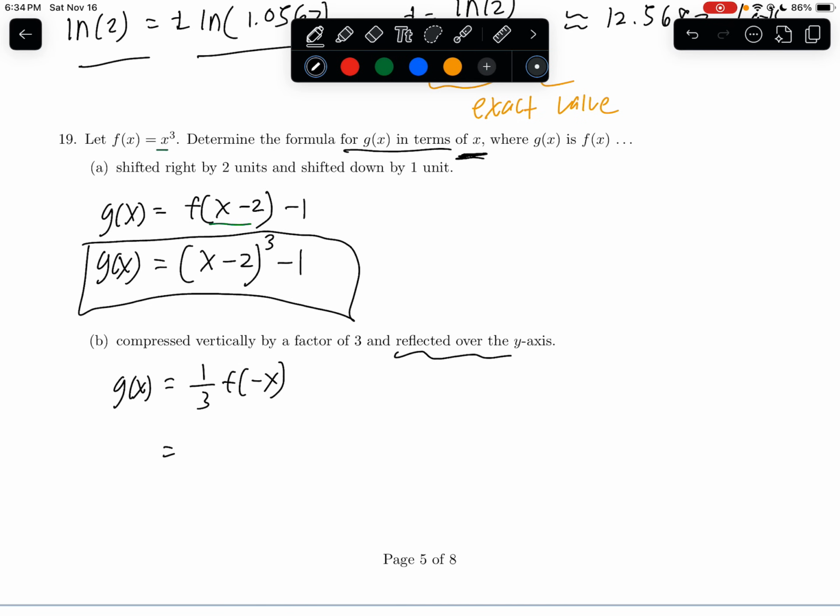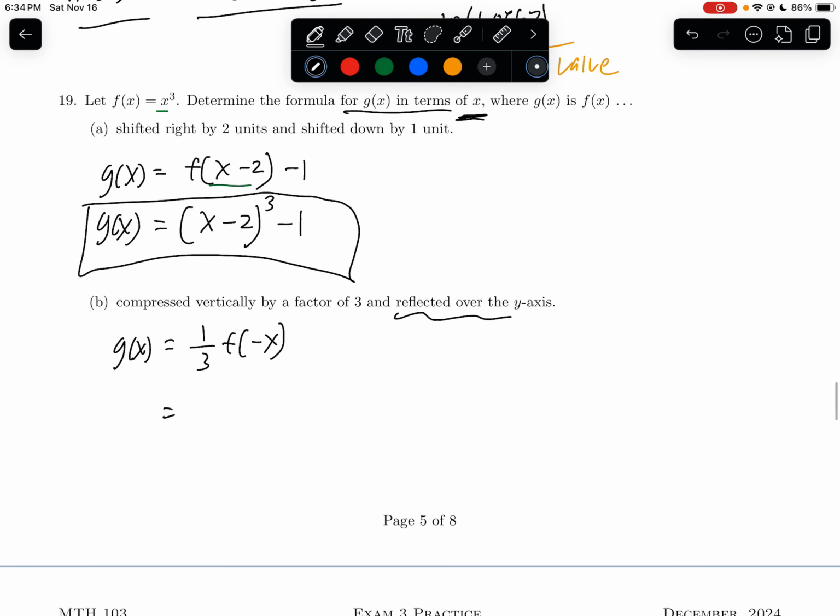There's a true-false question about that. And then if I want this in terms of x, I have to put negative x into the function, which means I would do negative x cubed, and I have to keep the negative there. If you move the negative out, in general, you're going to get something that's incorrect. It has to stay with you. And this can totally be your answer.